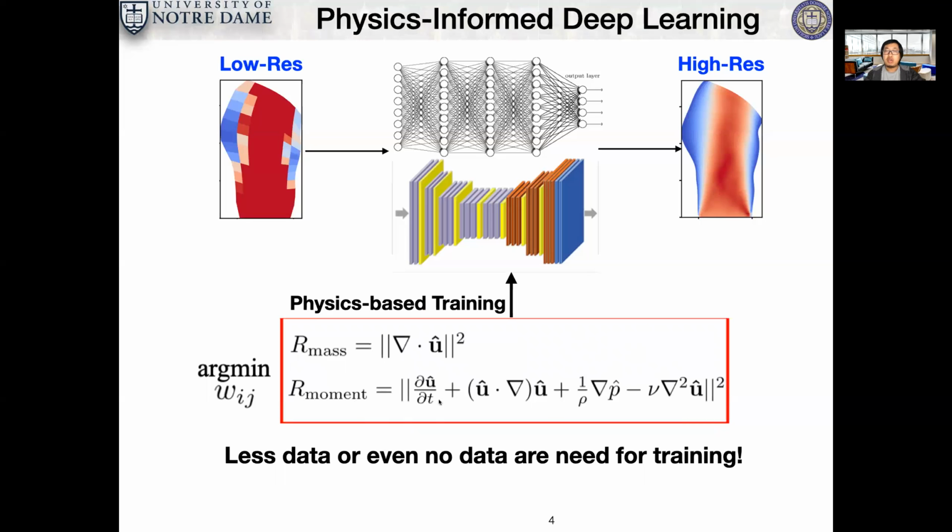So we can actually use the known physics, the governing equations, and boundary conditions to constrain or even drive the neural network training. We may not need many high resolution labels, or we can even do the super resolution without any high resolution labels.